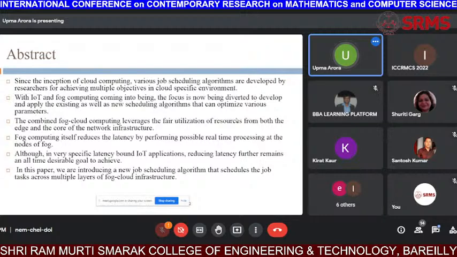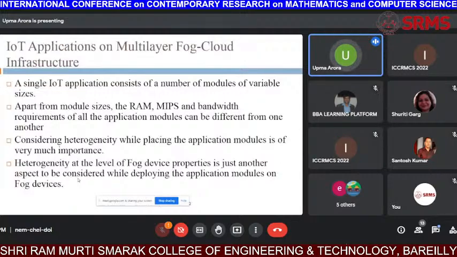So for my research, I have included all these levels of heterogeneity at the same time. A single IoT application on multi-layer fog cloud infrastructure consists of a number of modules of various sizes. Apart from the module sizes, the RAM, MIPS, and bandwidth requirements of all the application modules can be different from one another. Considering heterogeneity while placing the application modules is of very much importance.